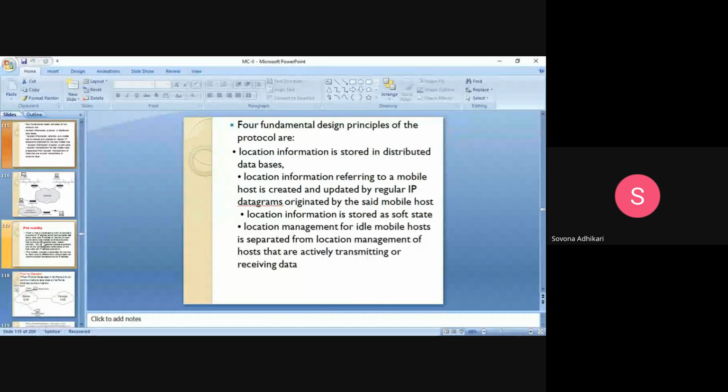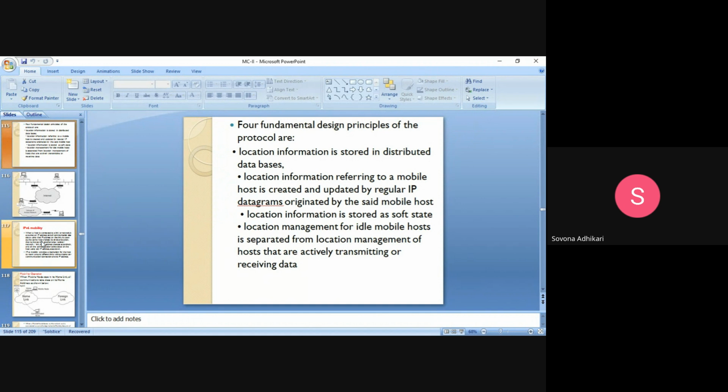Location information referring to a mobile host is created and updated by regular IP datagrams originated by the said mobile host. Location information is stored as soft state. Location management for idle mobile hosts is separated from location management of hosts that are actively transmitting or receiving data.